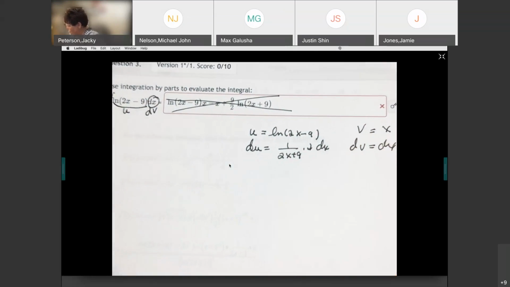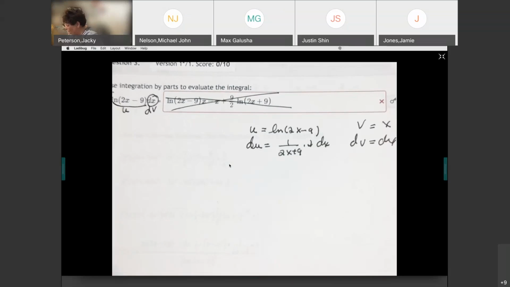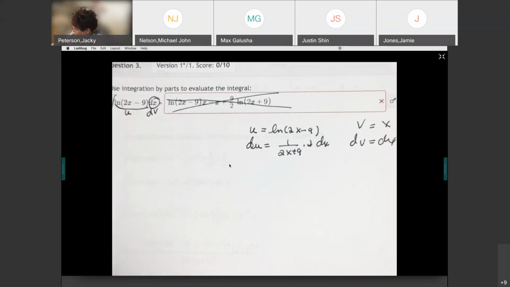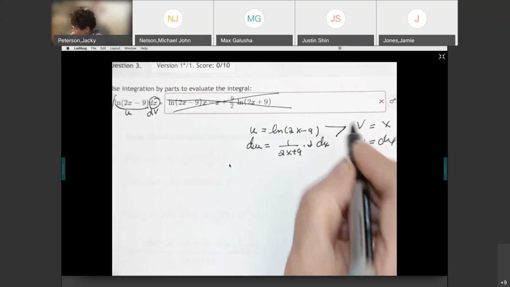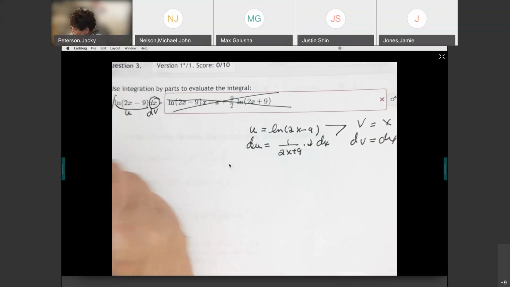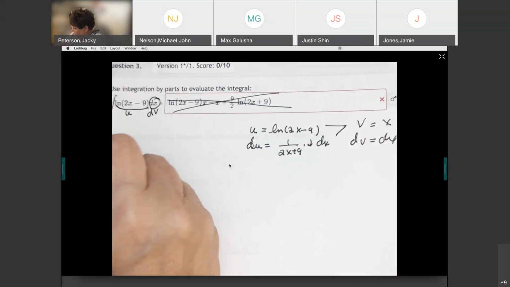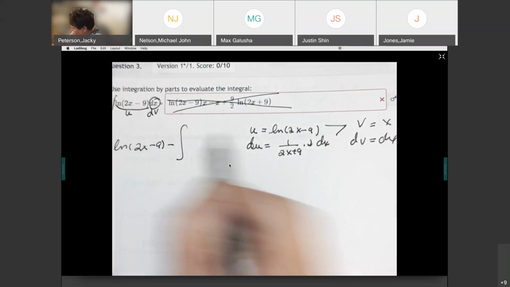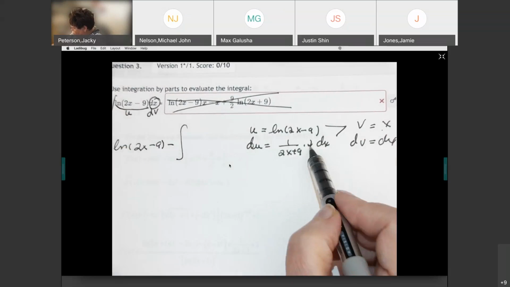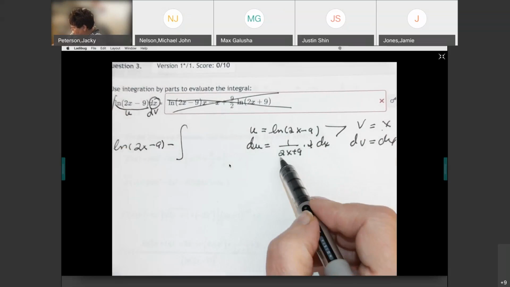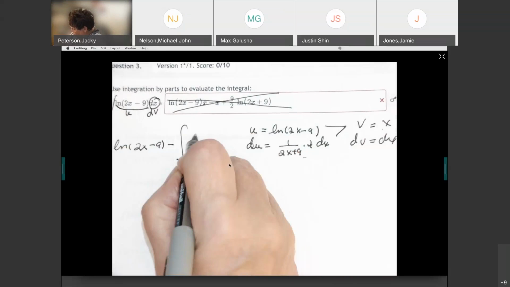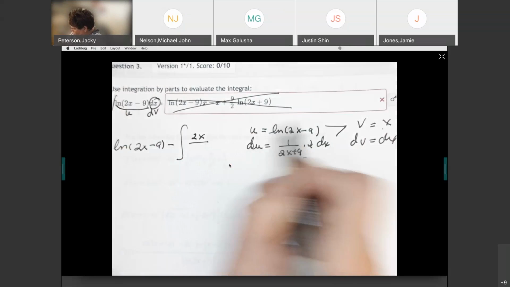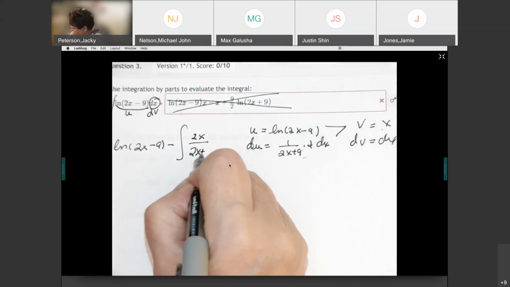And where you get yourself into a problem with this particular problem is now when you do parts, it's going to be x natural log of 2x minus 9 minus the integral of x times 2 times this thing. So this is going to be actually 2x over 2x plus 9 dx.